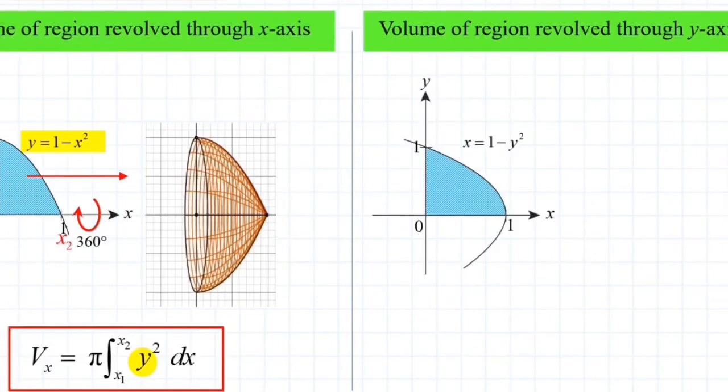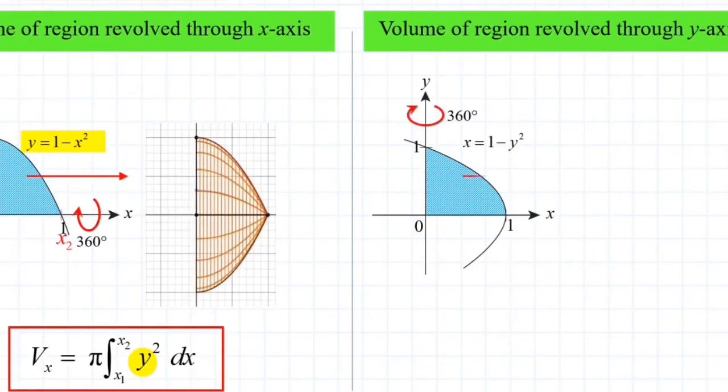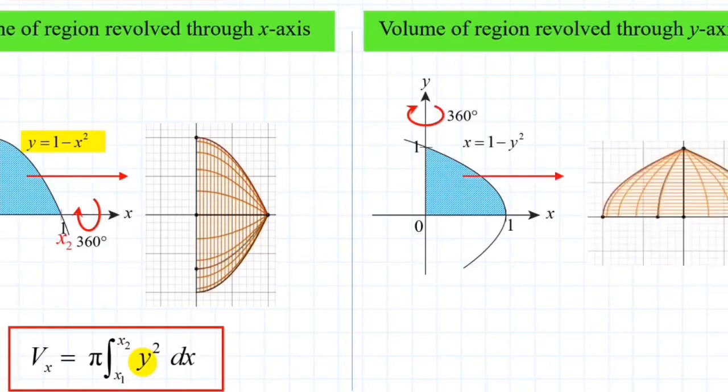Then for volume generated by the y-axis, okay, the formula will be different. Okay, for this one, the region is in blue color, but the boundary is at the y-axis. That means you are going to rotate the blue area about the y-axis. So the volume generated will look like the one shown in right hand side, the chocolate color.